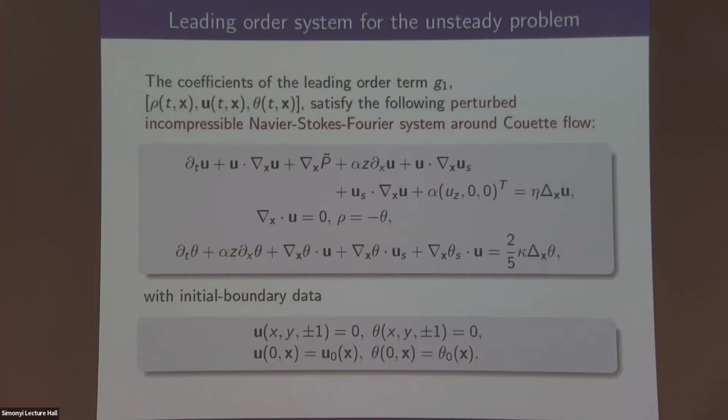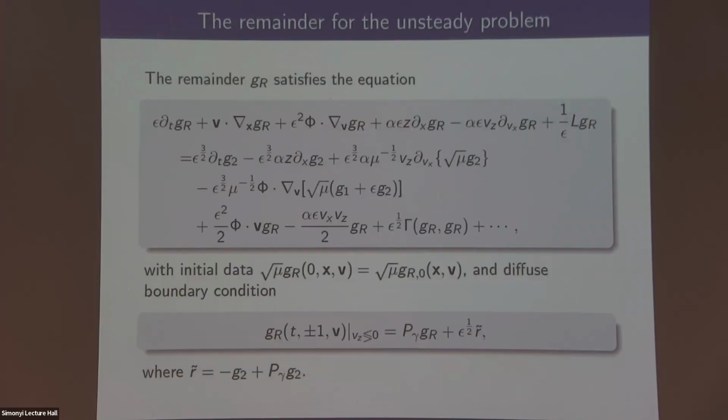Okay. And then the remainder for the unsteady problem is GR, and it's, again, a big monster. I left out some nonlinear terms, but the point is that you have this gamma, the main nonlinear term.